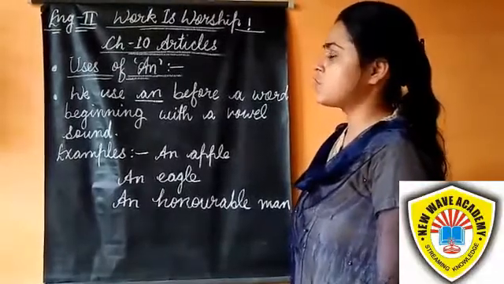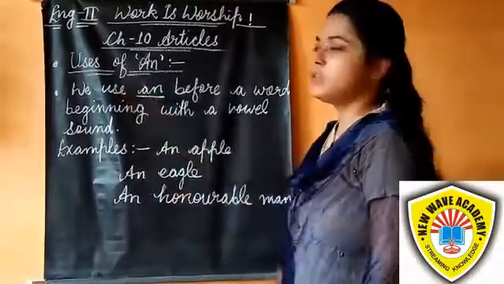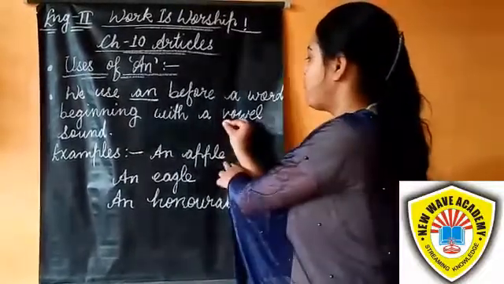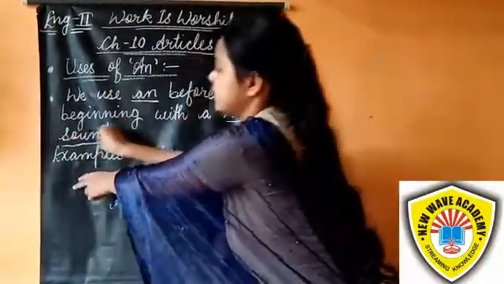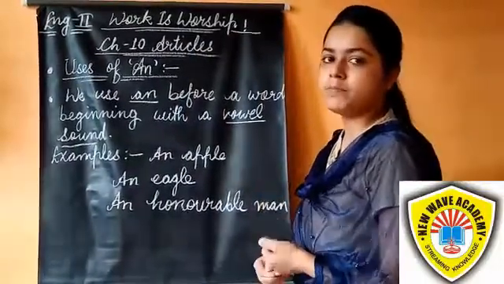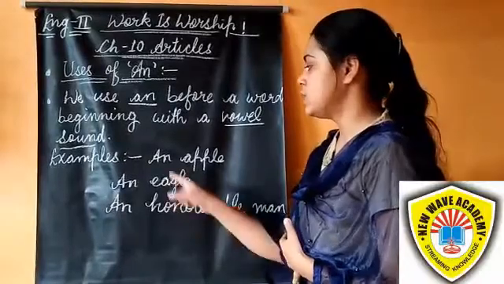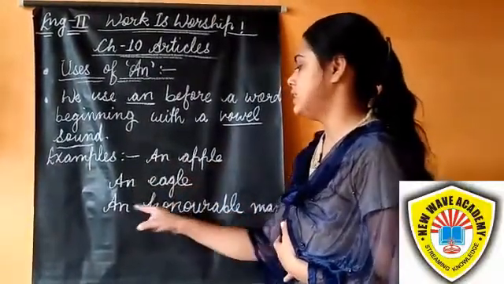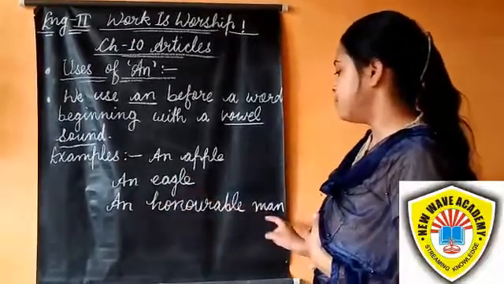So students, uses of an. We use an before a word beginning with a vowel sound. For the words that begin with a vowel sound, we put an before the word. For example, an apple, an eagle, an honorable man.